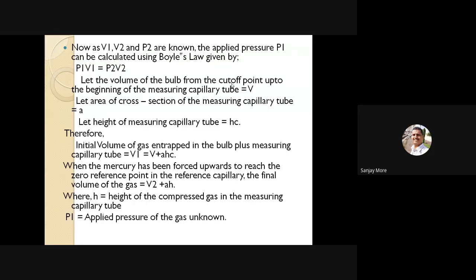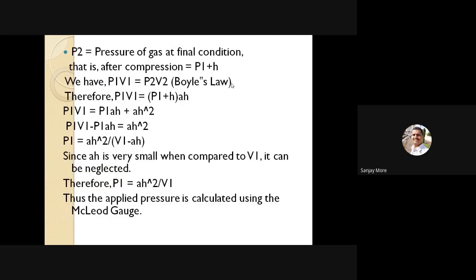Okay, P1 is the applied pressure of the gas, unknown. Then P2 is the pressure of the gas in the final condition, that is, after compression, P1 plus H. We have P1 V1 is equal to P2 V2 for Boyle's law.